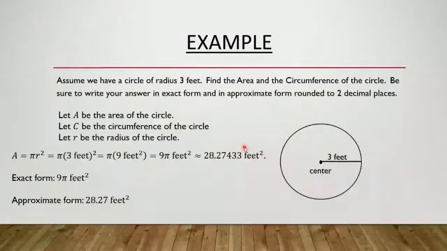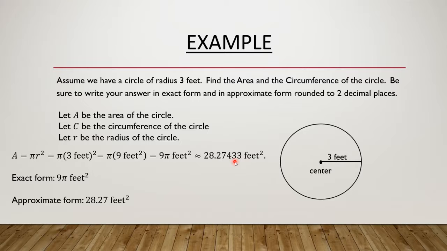I'm assuming the Android one does as well. Now here I said to round to 2 decimal places, but I'm using a lot more than 2 decimal places. You only want to round to 2 decimal places at the very end. You can round before then, but you want to round to way more than 2 decimal places.